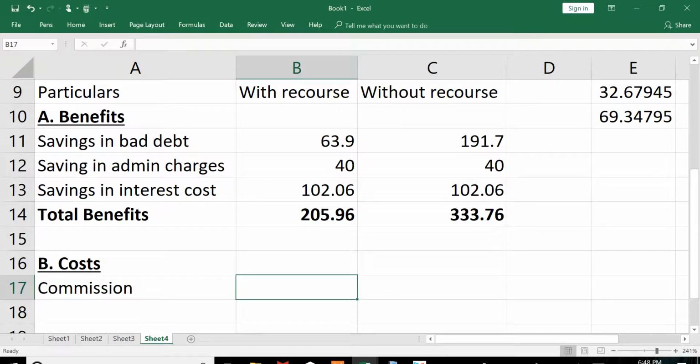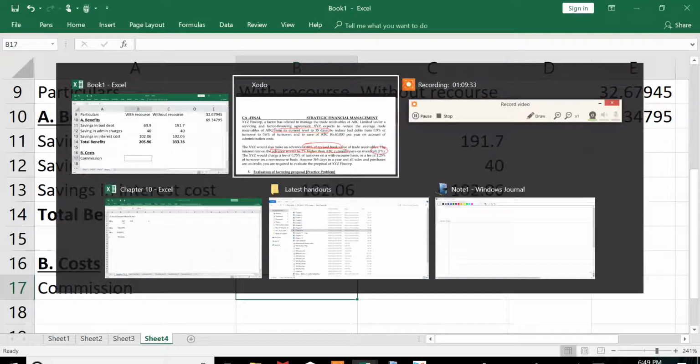Look at the appropriate percentage and write it. Commission is with recourse. What is the commission?